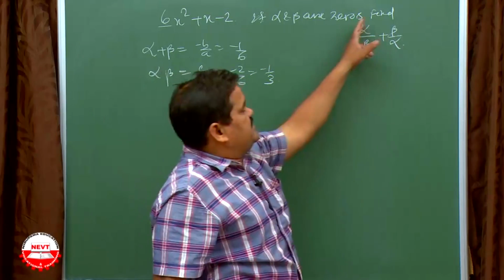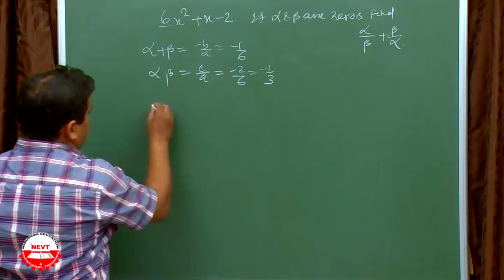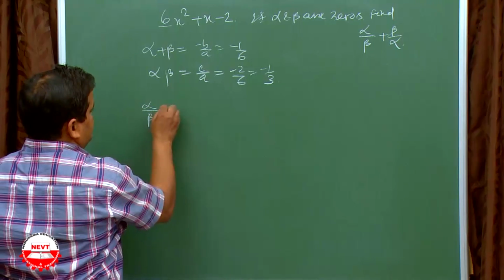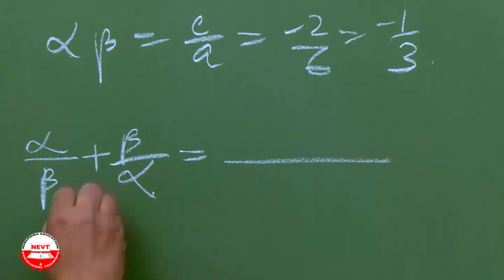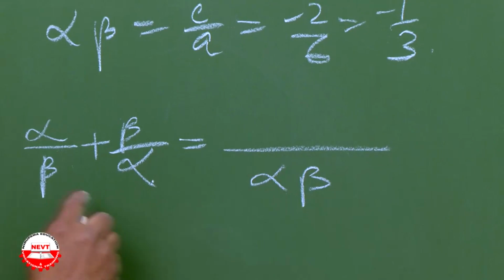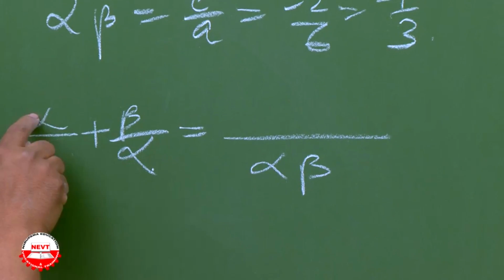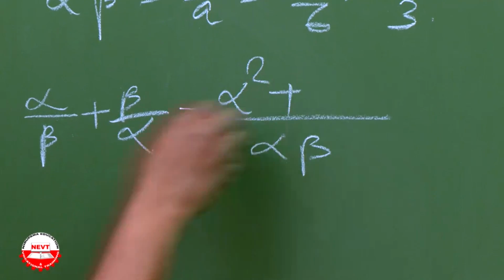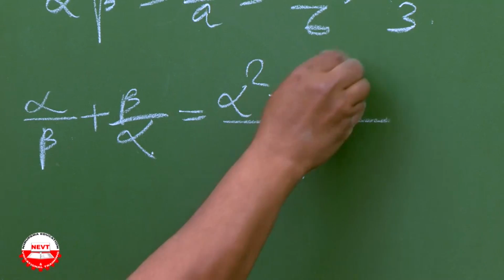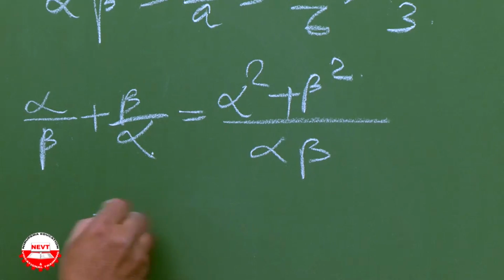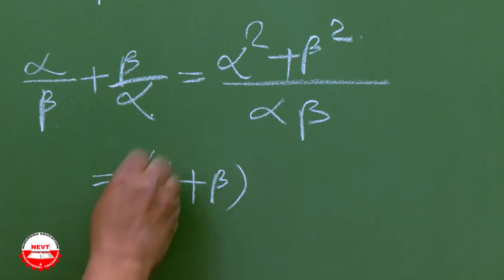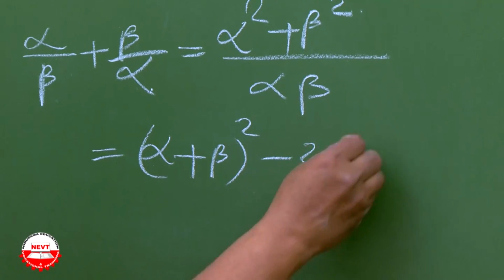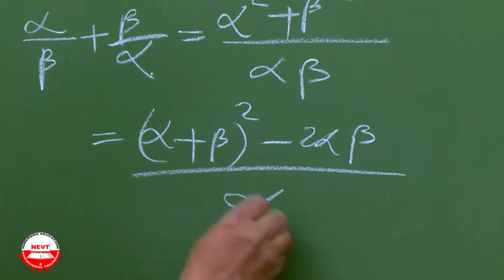Your aim is to find this value, alpha by beta plus beta by alpha, which is equal to, what is the LCM? Alpha beta. Here beta is there, therefore alpha into alpha, alpha square, plus beta into beta, beta square. Means alpha square plus beta square is equal to alpha plus beta whole square minus 2 alpha beta, by alpha beta.